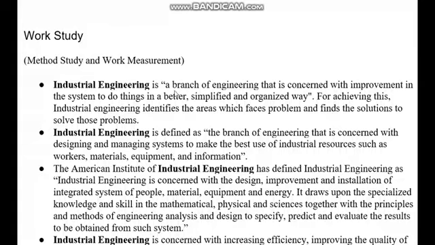Industrial engineering is a branch of engineering that is concerned with the improvements in the system to do things in a better way, simplified way, and organized way. This is a simple definition. It is concerned with the improvement in the system to do things in a better, simplified, and organized way. You see, if a work is given, if a person is doing for the first time, he may commit many mistakes.